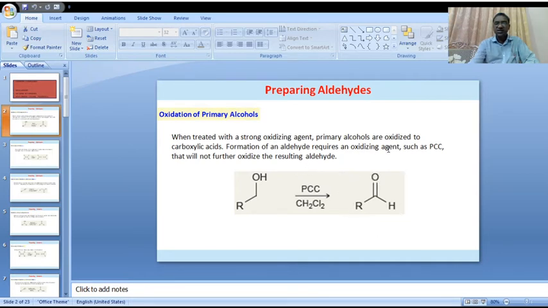This is the resulting compound. It does not undergo further oxidation. Okay, this is the method of preparation of aldehydes from primary alcohols. Is it clear, all of you?